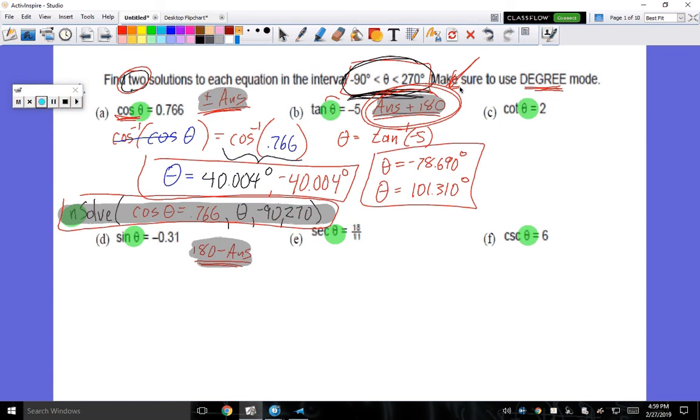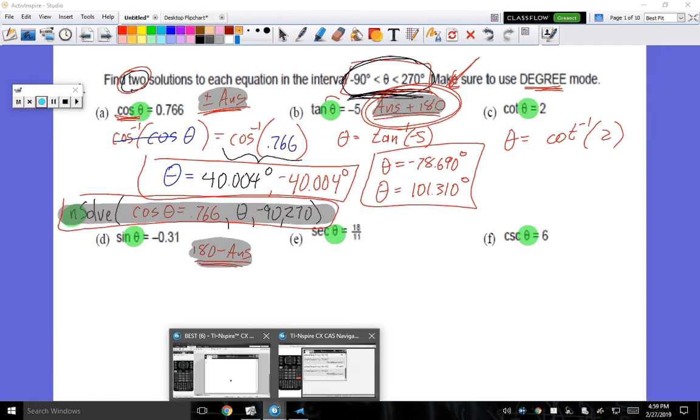It says the cotangent of theta is equal to 2. So that means if I take the tangent basically of both sides, I can reciprocate this and make it equal to 1/2. Or I could just take the arc cotangent of both to see what will be my first answer. So let's take the arc cotangent of 2 and let's see what it is that we get with the calculator.